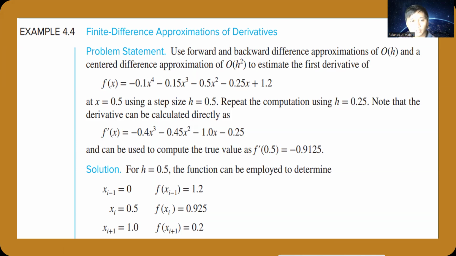This is the function, and the given is x equal to 0.5 using step size h equal to 0.5, and then repeat the computation using h equal to 0.25. Again, this is not my topic, but I will just give background for this example.